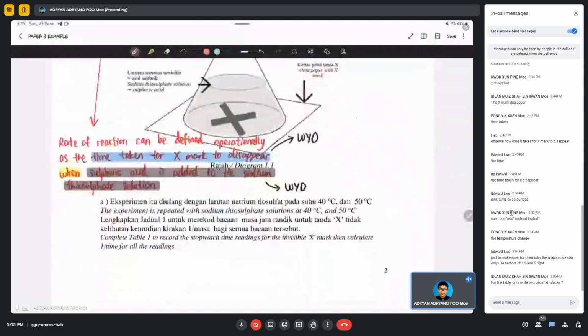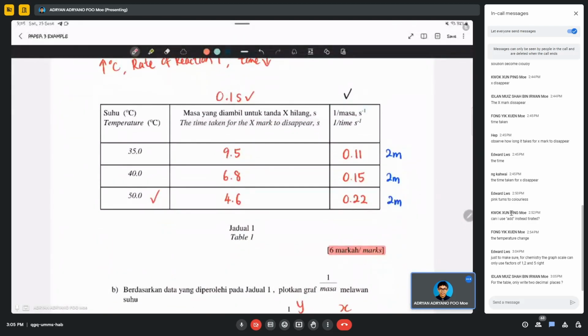Yes, as I mentioned just now, same like your maths. However, 2 decimal place is only for the calculation part, like 1 over time. 1 over time is what you calculate, so you can put 2 decimal place. But why, when the time taken here, I put 1 decimal place? Because the thing that you measure, what you measure, must follow the equipment that you use.